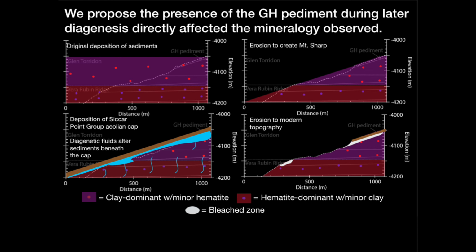The clay dominant units, in purple, focused diagenetic fluids and alteration to the margins of clay-rich units, so in the Vera Rubin Ridge and at the top of Glen Torridon. And in panel 4 on the bottom right, we have erosion to the modern topography, leaving behind the Greenheugh pediment and these bleach zones that we see in VRR and in the Glasgow member.